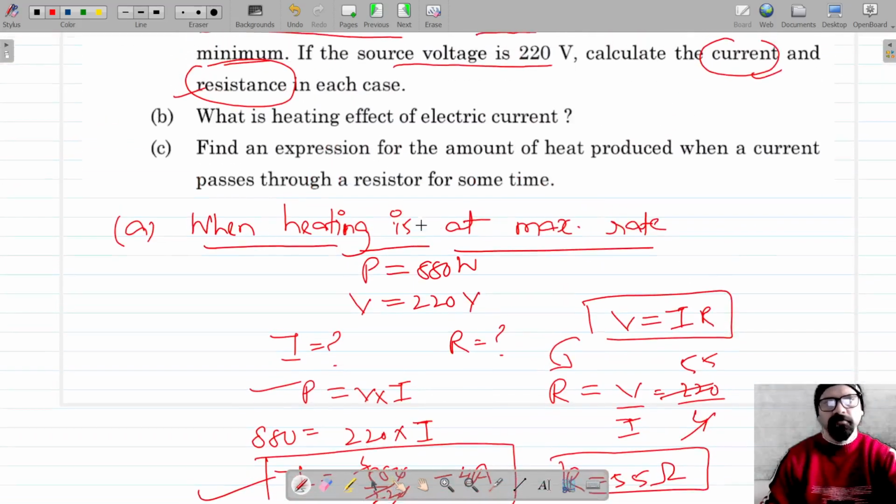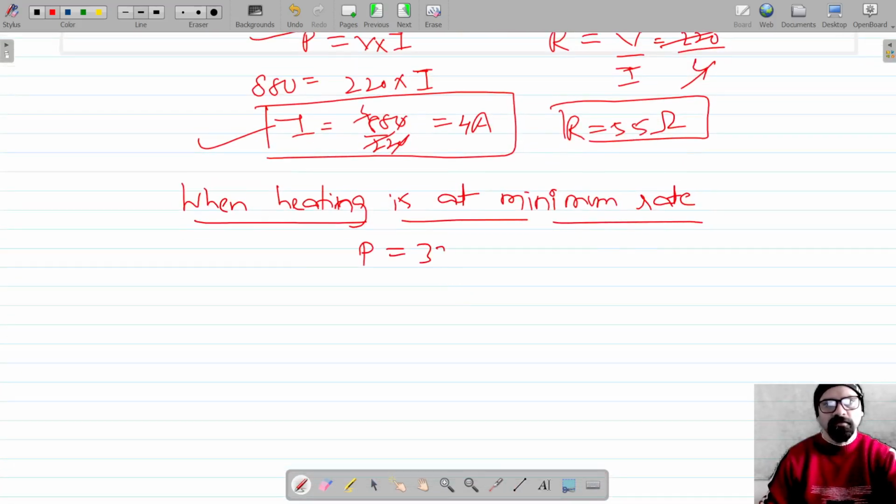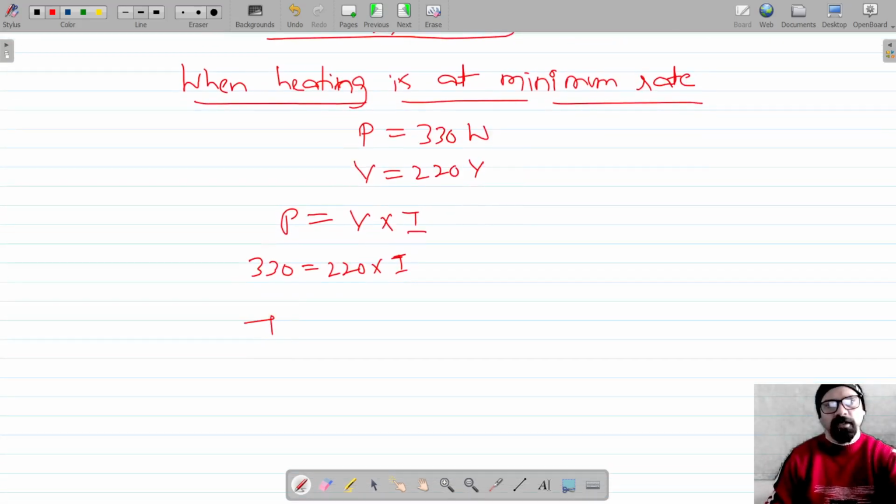Power is given as 330 watt and the potential difference is 220 volts. Let's use the same formula: power is equal to potential difference into current. So I is equal to 330 divided by 220, which is 1.5 ampere.